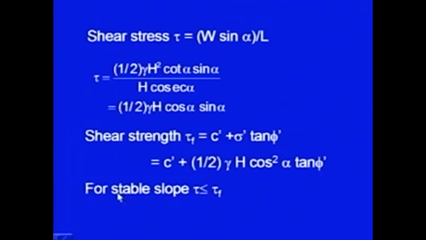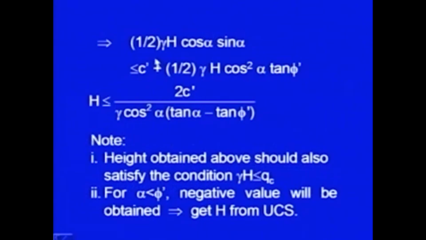And now, for a stable slope, tau should be less than or equal to tau f, and for the limiting case these two quantities will be the same. So, this is tau and this is tau f. I put these expressions here, tau is less than tau f.